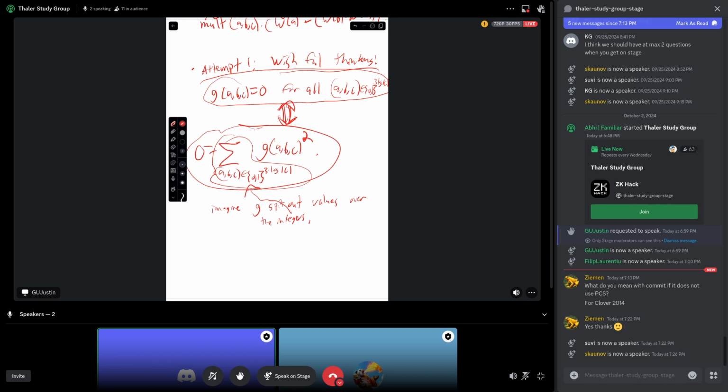Obviously, if G(A, B, C) equals 0 for all 0-1 valued vectors A, B, C, then this big sum will be 0, whether you're over a field or the integers, because you'd just be summing up 0 squared many times, and 0 squared is 0, and if you sum up 0 over and over again, you still get 0.